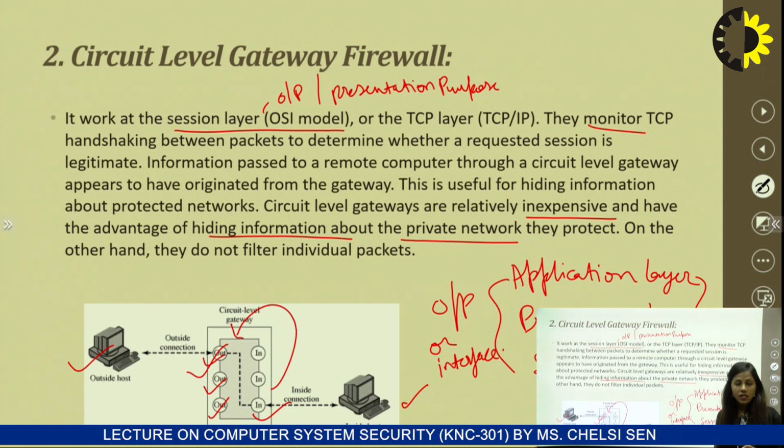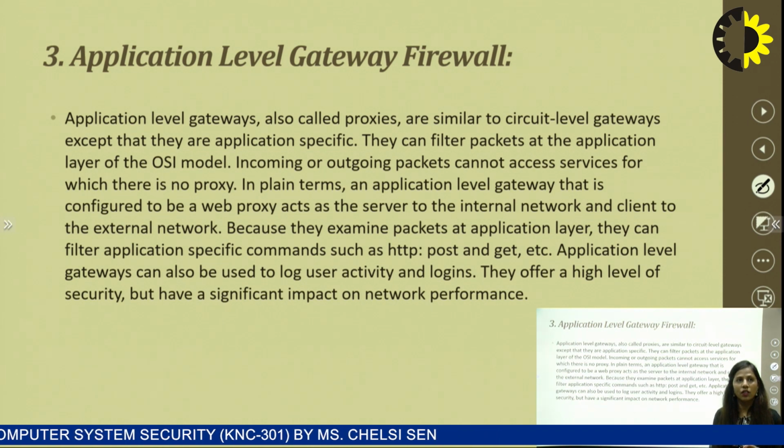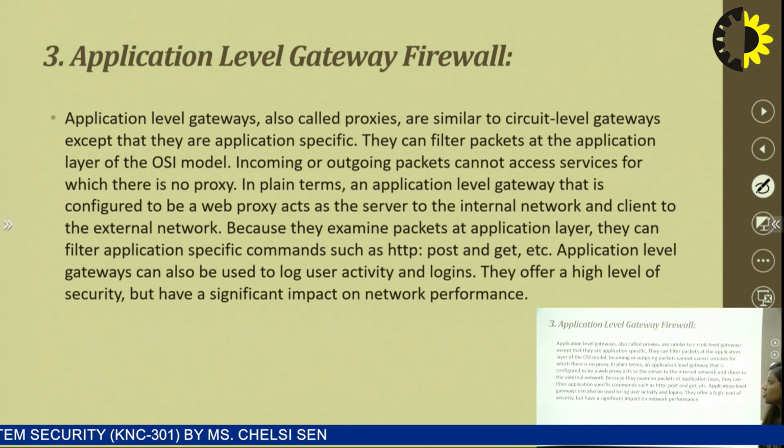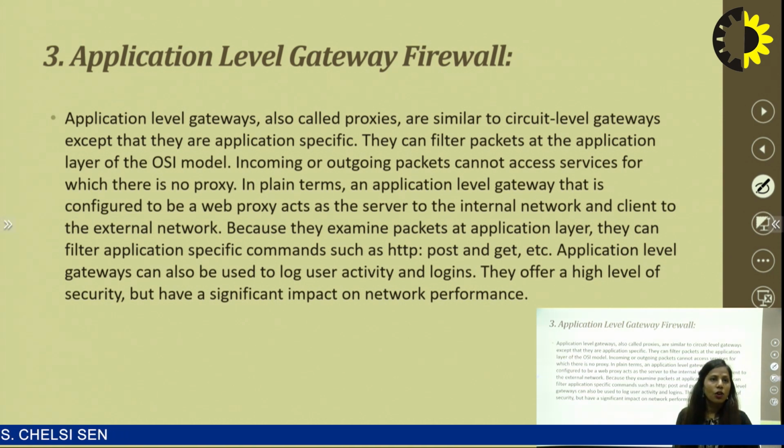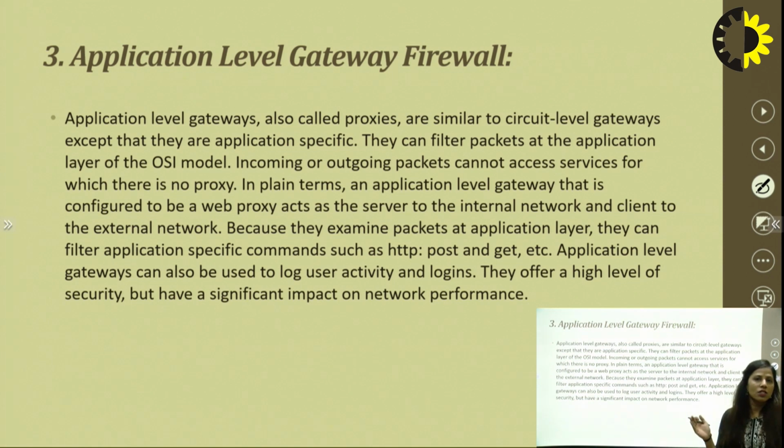Now let's discuss the last point of your application firewall gateway, that is the application level gateway firewall. This is also called the proxies. It is similar to the circuit level gateways. Actually it also works upon the session layer, but the application level gateway firewall works upon the application layer of the OSI model. As you all know, the OSI model has 7 layers.